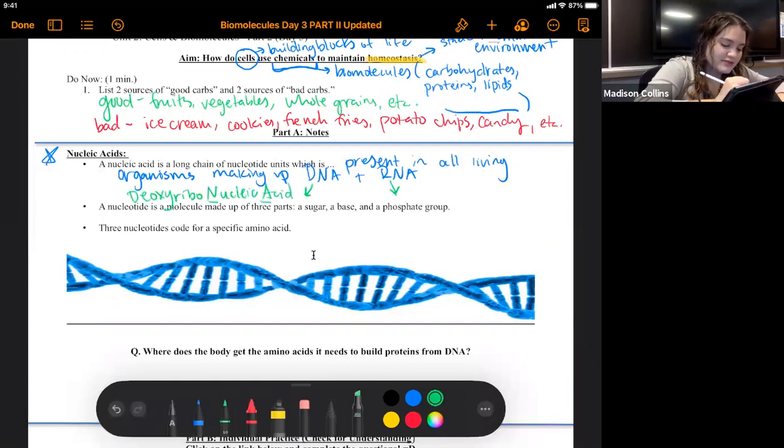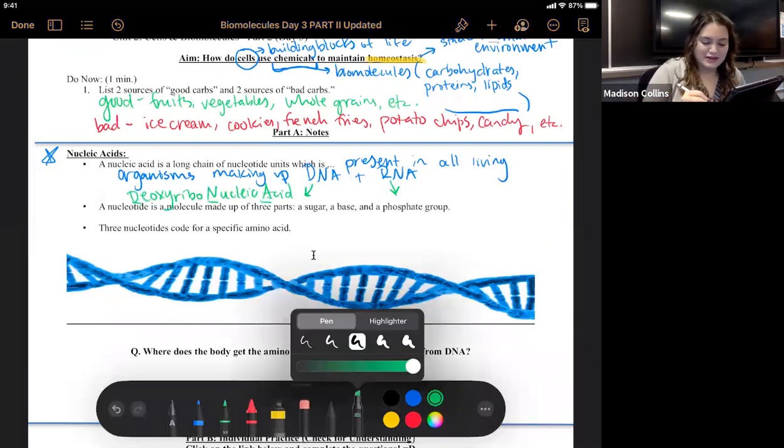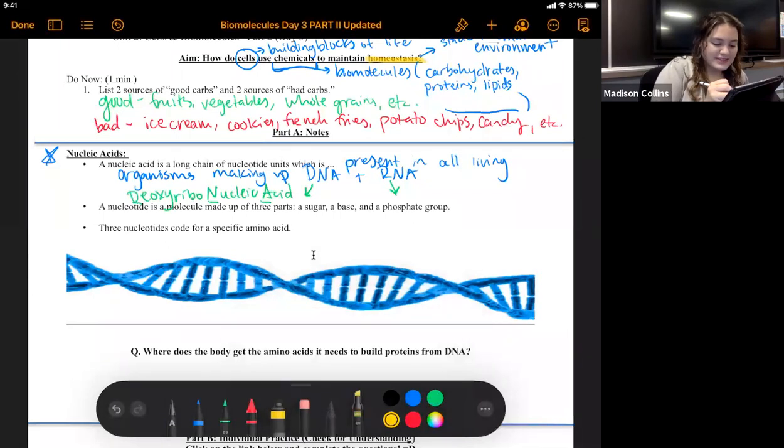I've capitalized the 3 letters that make it DNA. And if you're incredibly perceptive, you might have noticed that the word ends in nucleic acid, which is what we're talking about here. That's an easy way to remember that DNA is a type of nucleic acid.